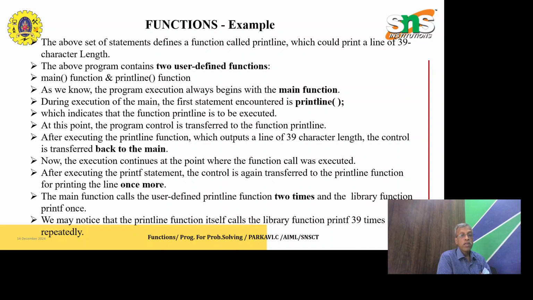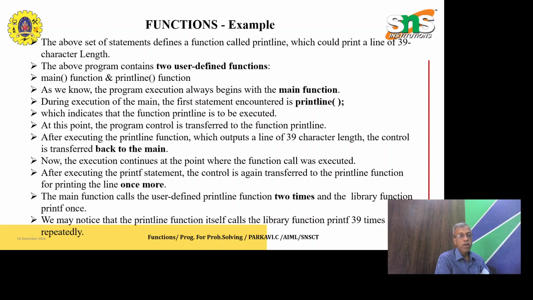At this point, the program control is transferred to the function printline. After executing printline, which outputs a line of 39 characters length, the control is transferred back to the main function. Now the execution continues at the point where the function call was made.